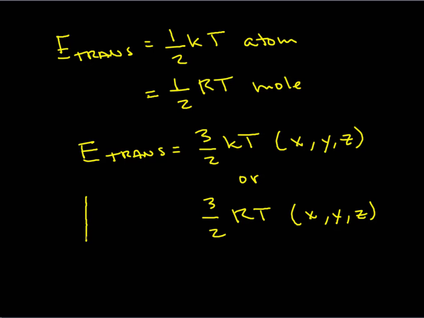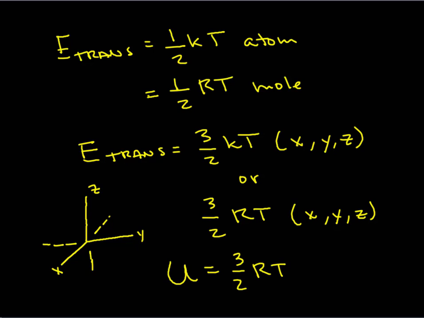Just to recall, we'll draw our Cartesian coordinates and show that we can in fact move in X, Y, and Z. And this ability to move is again a way to store energy. Then we can begin to have a conversation about rotational energy as well. But let's at least summarize that U, or this internal energy, if dealing with translation, would be equal to 3/2 RT. And so let's keep that in the back of our head.